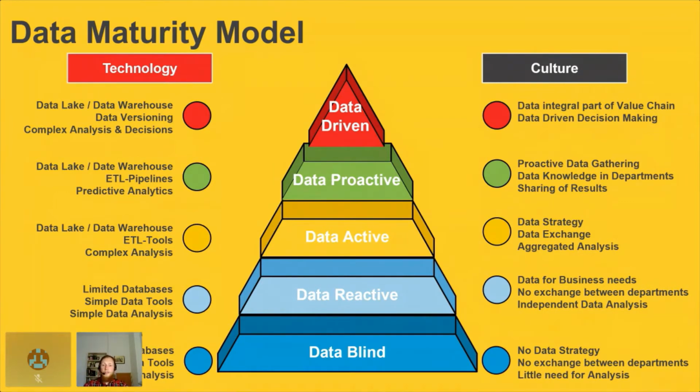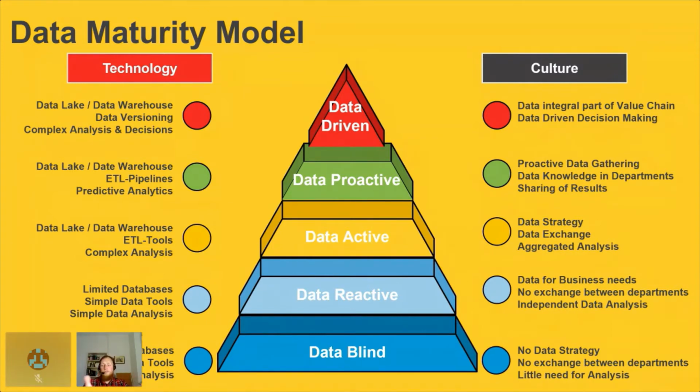The second to last level is called data proactive. Technology-wise, not much changes, to be frank. You still have some kind of data warehouse or data lake inside the organization, but you start automating way more. So you don't only have ETL tools, but whole pipelines that allow you to connect new data sources and transform them in a way that you can use them with the data you already have.